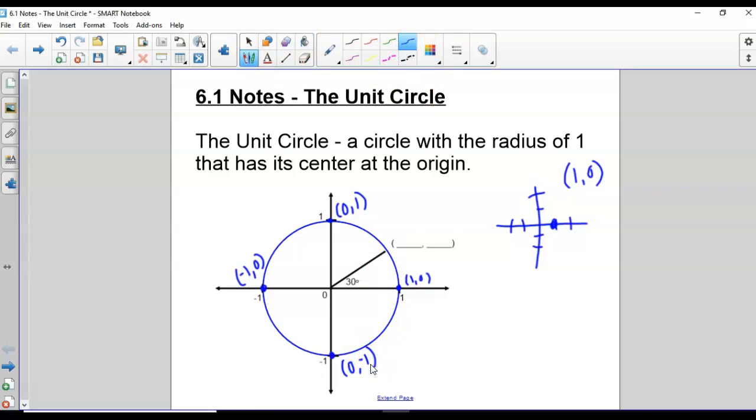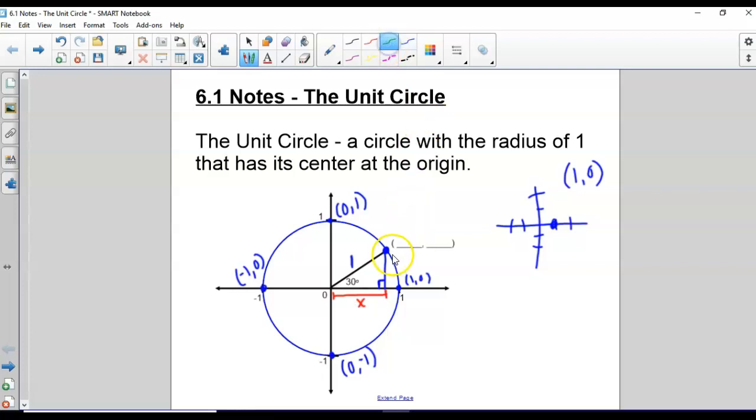So the first one we're going to look at is finding the coordinates of this point right here where we have a 30-degree angle. The radius of this circle is 1, so that length right there is 1. If I made myself a right triangle right here, then the length of this bottom side of that triangle is my x-coordinate.